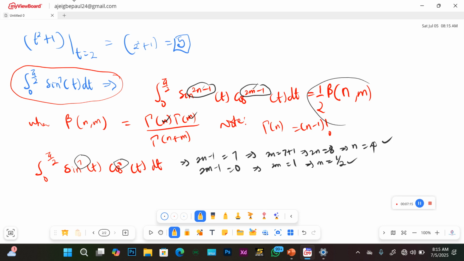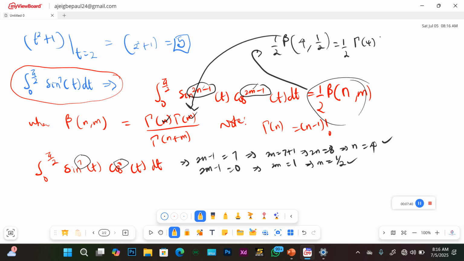So we can now make use of our formula. Now making use of our formula, we are going to have 1 over 2 beta of n, which is now 4, comma, then m, which is now 1 over 2. Then you make use of this formula here to know the value of beta 4, comma, 1 over 2. So we can say this is equal to 1 over 2 multiplied by gamma of 4 multiplied by gamma of 1 over 2, then everything over gamma of 4 plus 1 over 2.